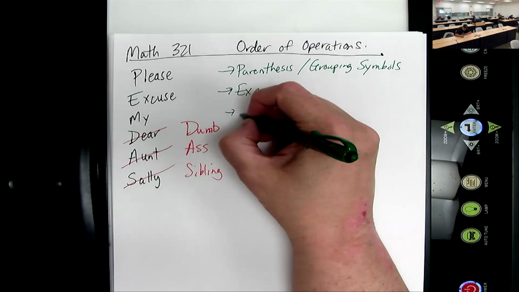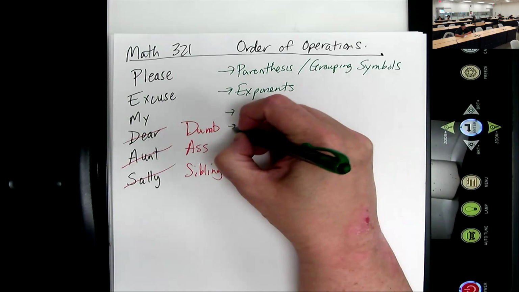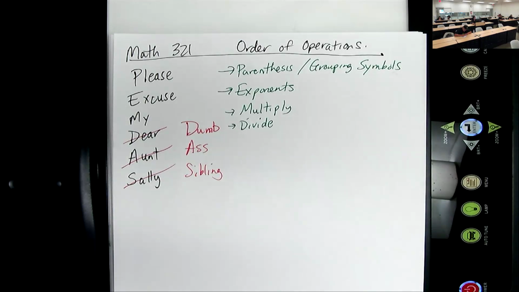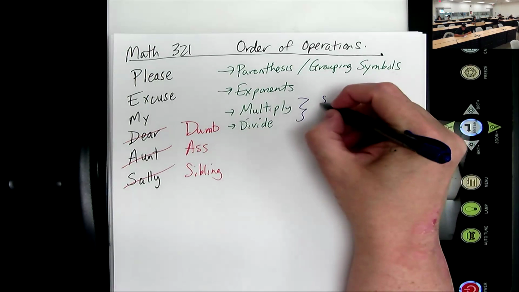M is for multiply and D is for divide. And these two are directly related to each other, like dividing is just multiplying by the reciprocal. So these are on the same priority, go left to right.